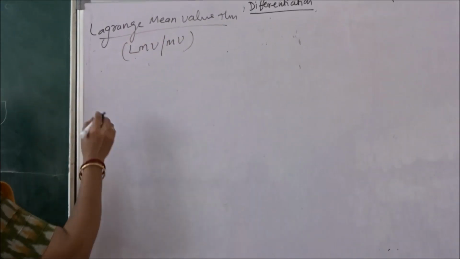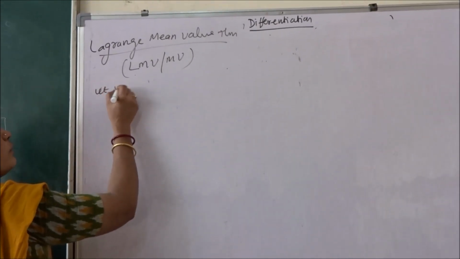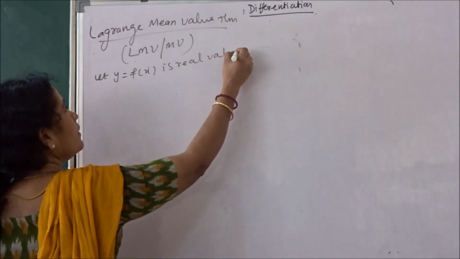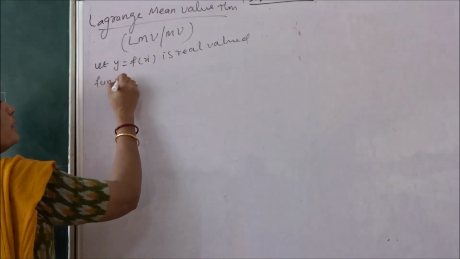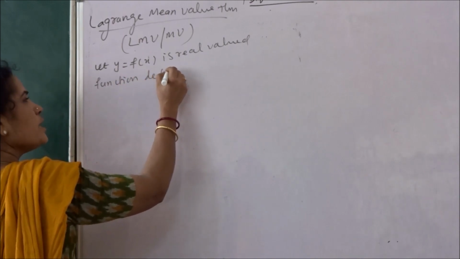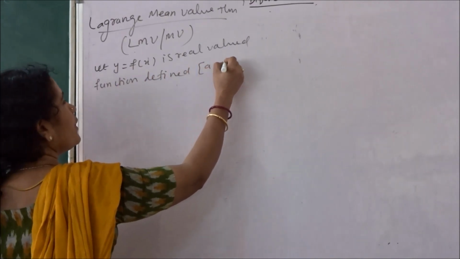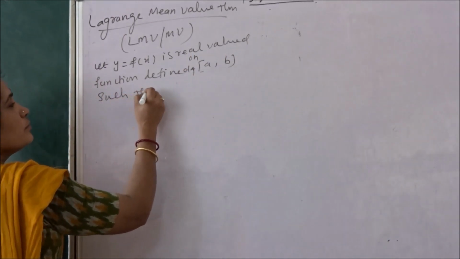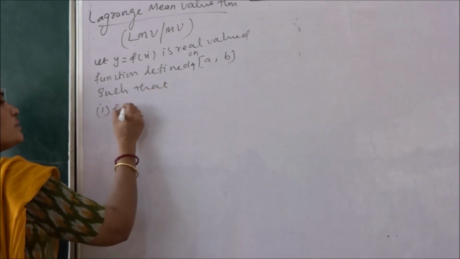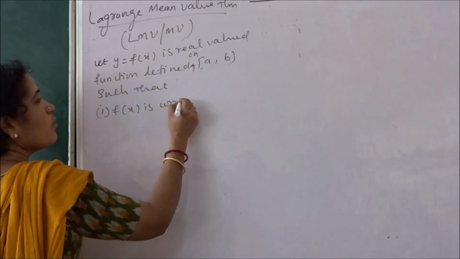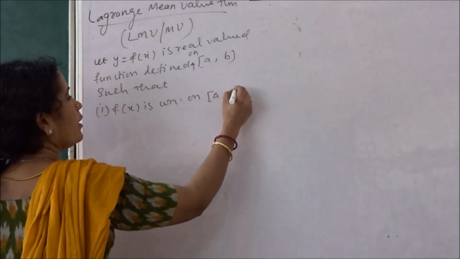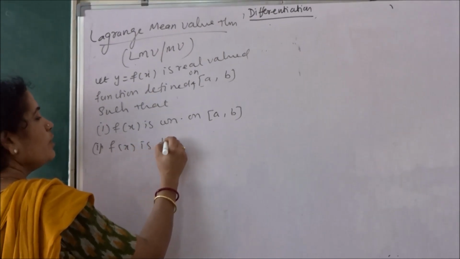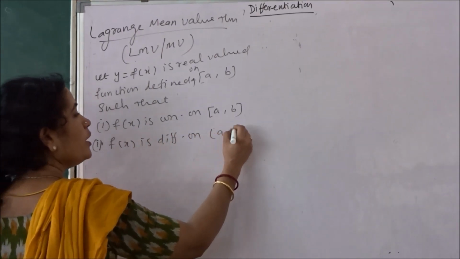So, same as before: let y equal to f of x be a real valued function defined on the closed interval [a, b], such that number 1, f of x is continuous on the closed interval [a, b], and number 2, f of x is differentiable on the open interval (a, b).